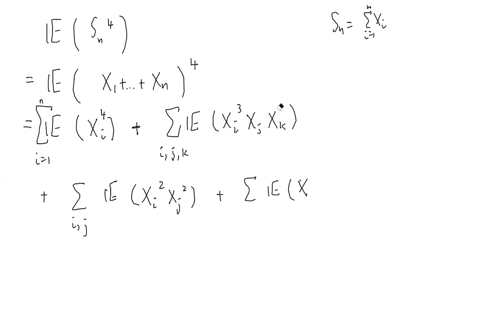Sorry, so without that, ij only. And you have xi, xj, xk. So you can have a 2 here, so ijk.